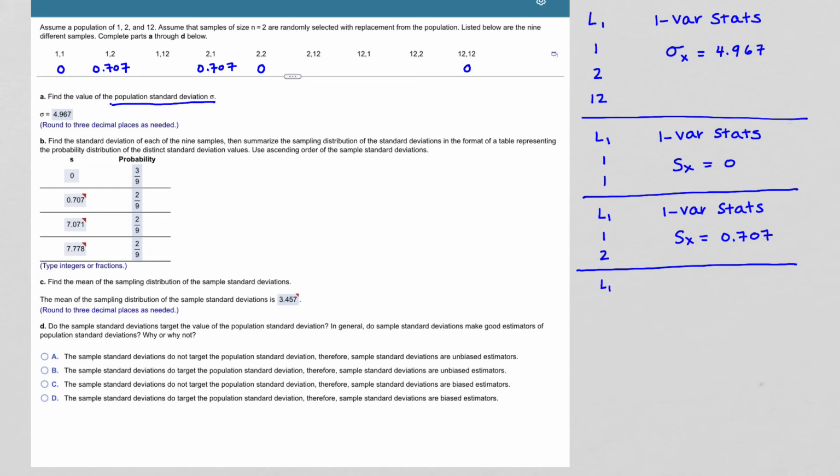Next, I put in 1 and 12. Let's do one variable stats. And now our sample standard deviation is 7.778. So I'll put that here. And also here.